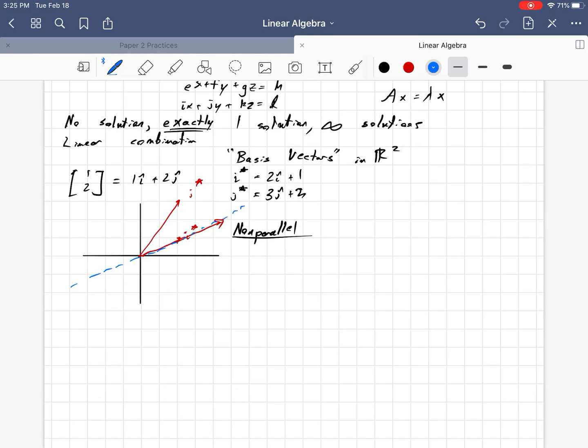But if they're not parallel, then it is true that every vector in this 2-dimensional space, or in any n-dimensional space, is a linear combination of, in this case, i star and j star.